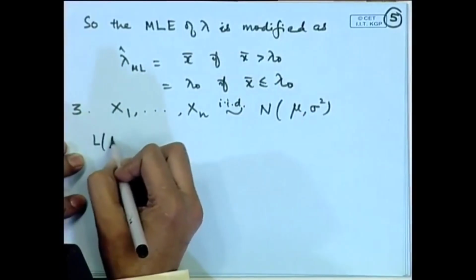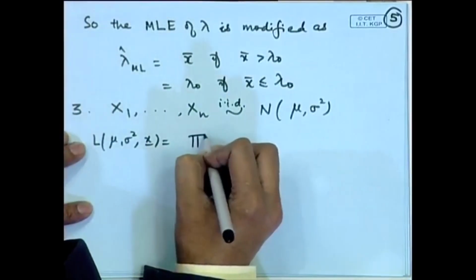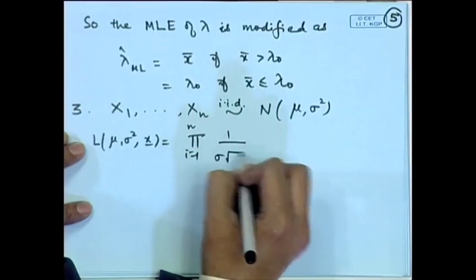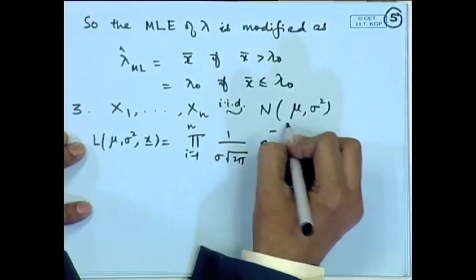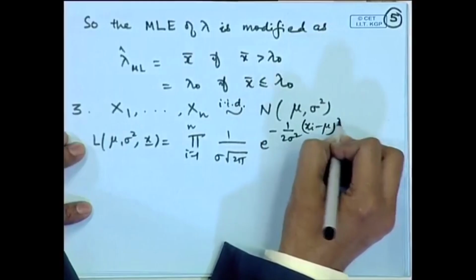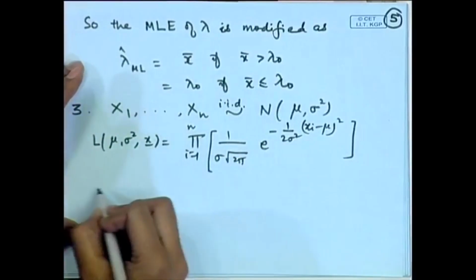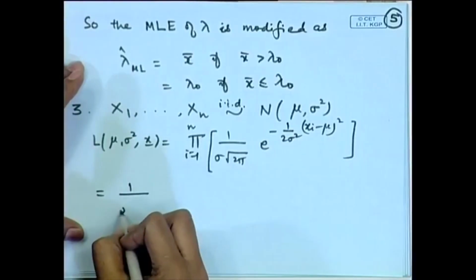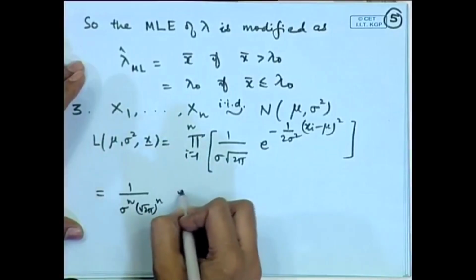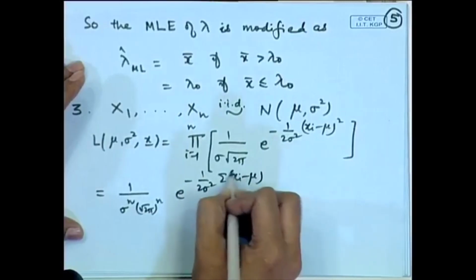So, L of mu, sigma square given x is equal to the product of 1 by sigma root 2 pi, e to the power minus 1 by 2 sigma square, x i minus mu whole square. Now, this term we will simplify. This can be written as 1 by sigma to the power n, root 2 pi to the power n, e to the power minus 1 by 2 sigma square, sigma x i minus mu whole square.